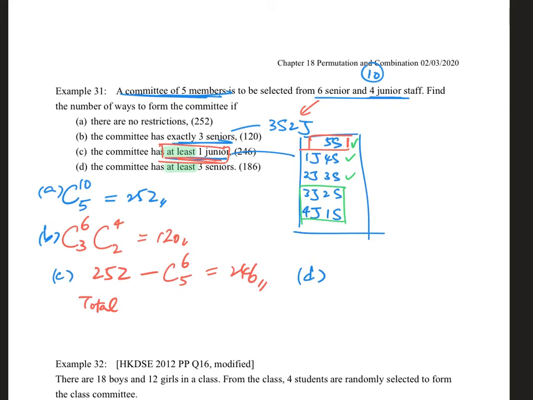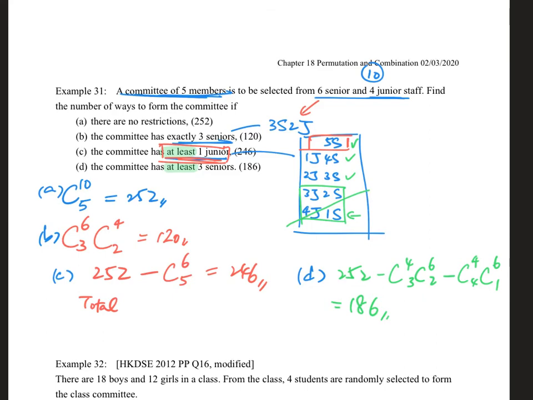If you use subtraction, then we will have 252 in total, minus 3 junior, 2 senior, that means 4C3, 6C2. Last case, 4 junior, 1 senior means 4C4, 6C1. And use your calculator carefully to check whether you can get the answer 186 or not.